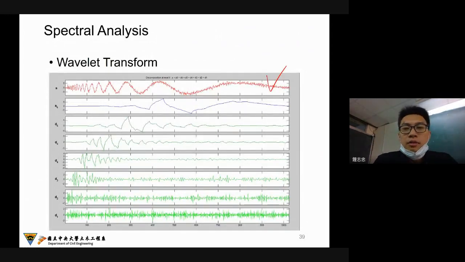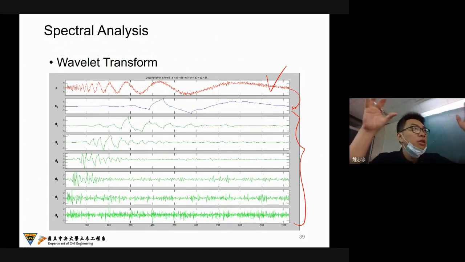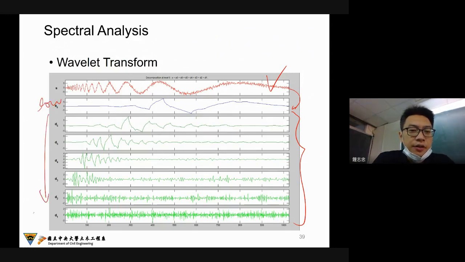So in the last week, we showed this is the original signal. We divided it into several different subgroups, and each group has its own frequency pattern, from low frequency to high frequency here. So you can find the different components originally inside the raw data.